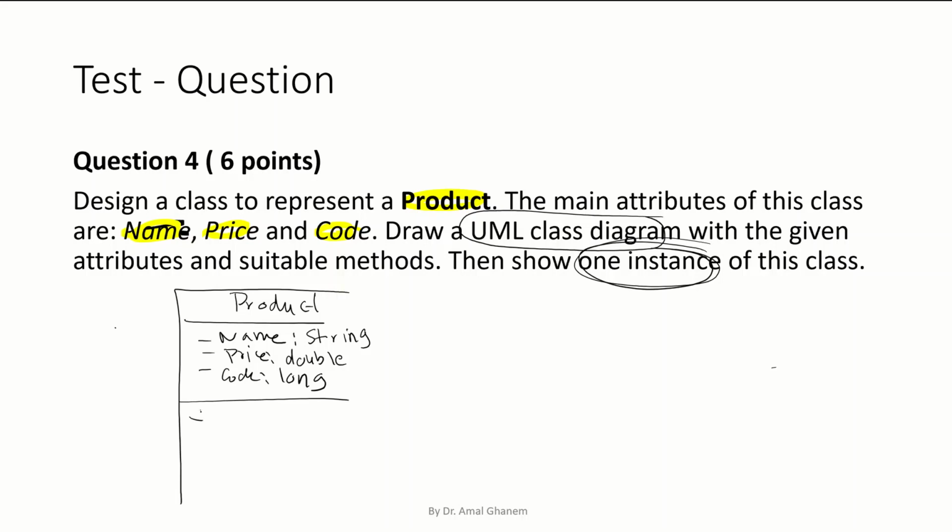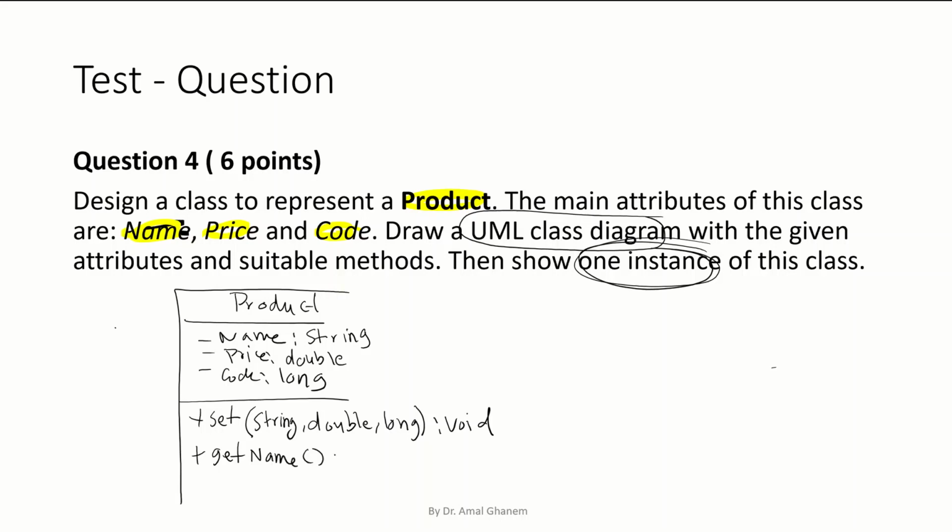Then I will have a public method, which is set. And I will have string for name. I will have price, double, and long. And we expect to return nothing, so I'll say colon void. I will have get, so I will say get name.